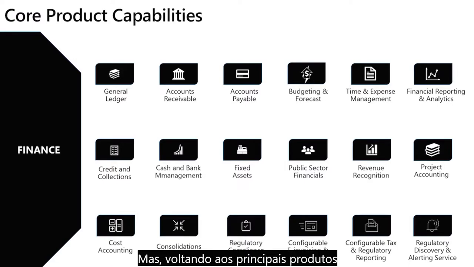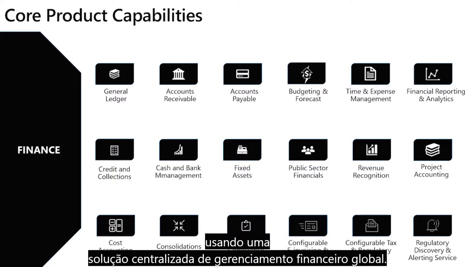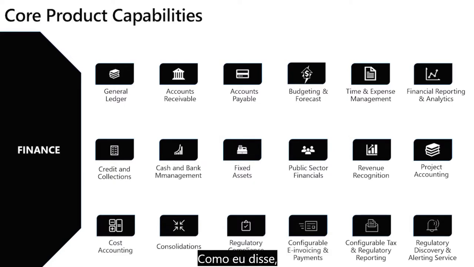But going back to the core products of Dynamics 365 and the capabilities with it, essentially what it does, it helps you drive margin, revenue growth, all by using a centralized global financial management solution. Like I said, we have those three main goals: maximizing profit, maximizing wealth, and operational consistency and efficiency.